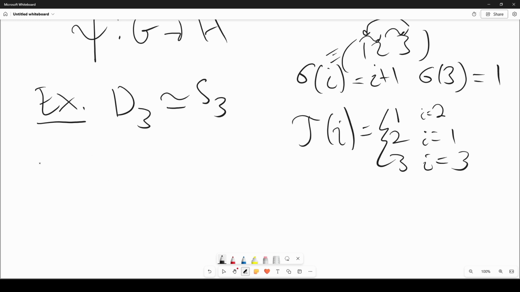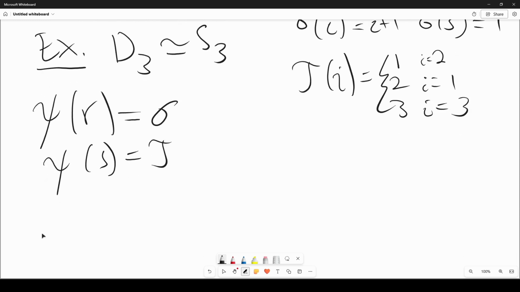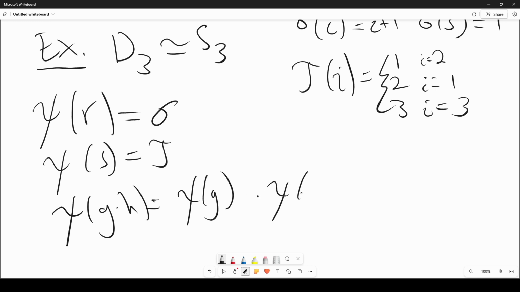In fact, I'm going to define a psi which sends r to sigma and s to tau. And the final rule is that g times h equals psi of g times psi of h for all g and h in D3.